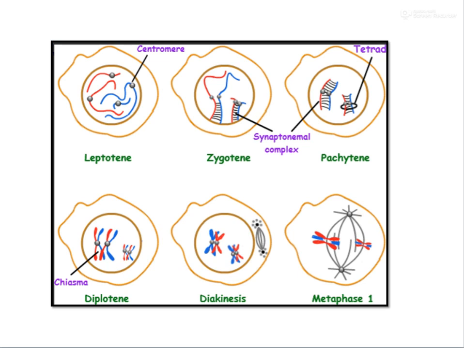I guess you got an idea of how the process of crossing over happens, and we'll continue with the features of chromosome crossing over, as well as the types of crossing over, in the next session. Thank you for now.